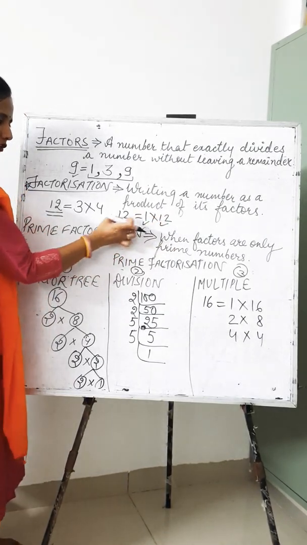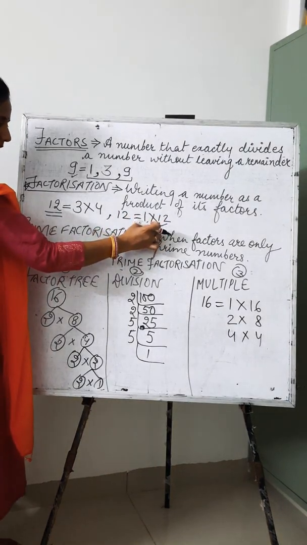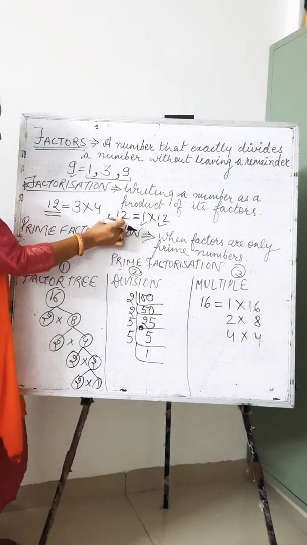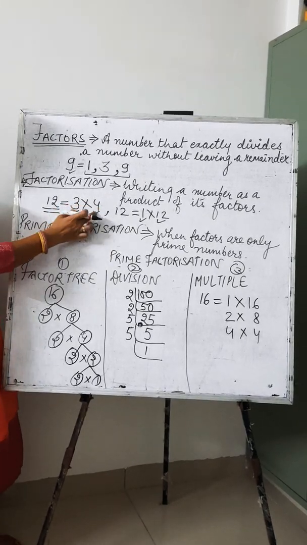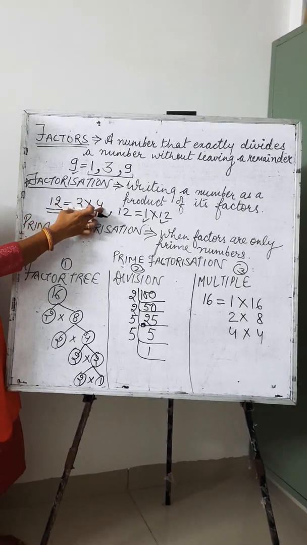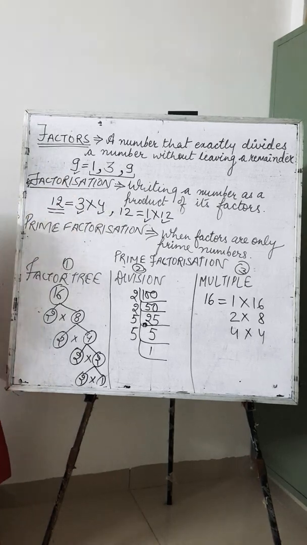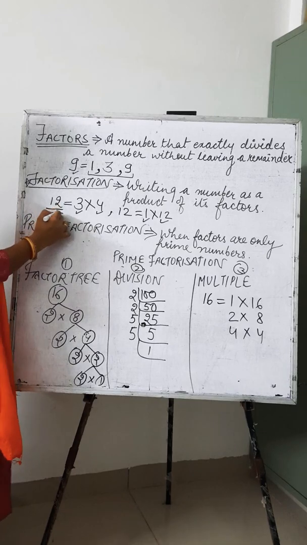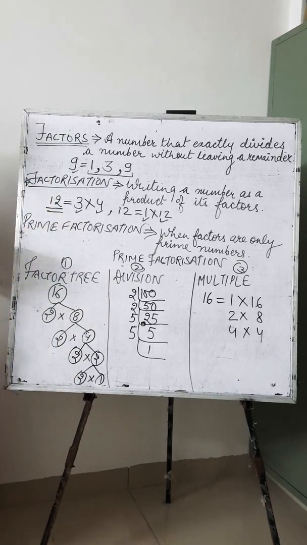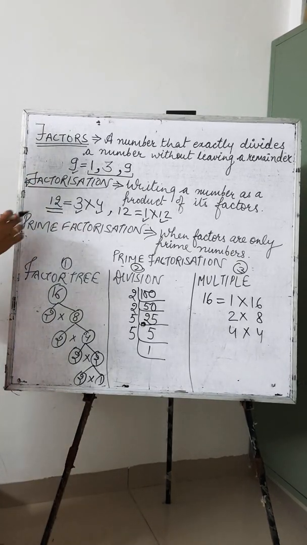These are the factors of 12, and when they get multiplied, they give the product 12 itself. Here 3 and 4 are the factors of 12, and when they get multiplied, they give product 12 only.